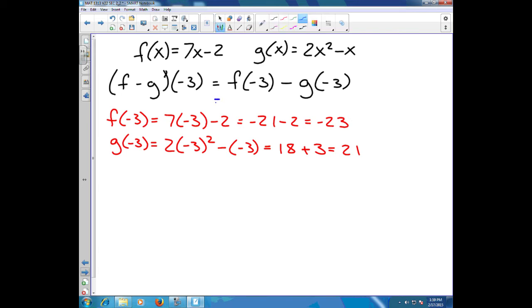And so now we get f of negative 3, which was negative 23, and g of negative 3, which was 21. And we get f minus g of negative 3 to be negative 44.